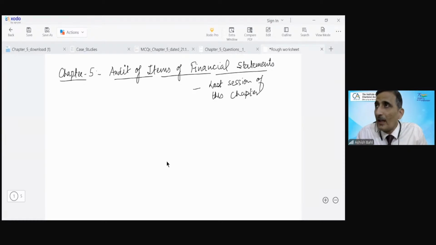So in this way, the auditor can verify existence and completeness assertion of cash and cash equivalents.